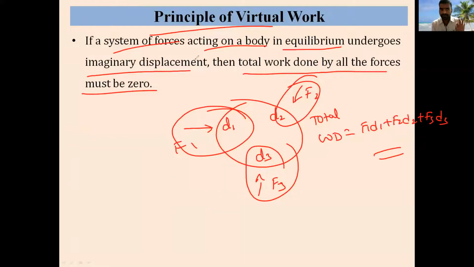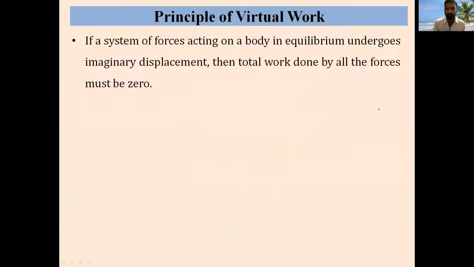If a system of forces acting on a body in equilibrium undergoes imaginary displacement, this statement is important, then the total work done by all the forces must be zero. Is the principle clear? Yes, sir.